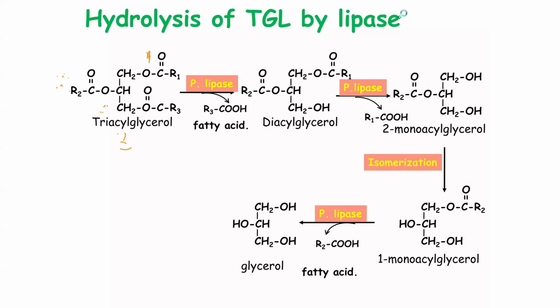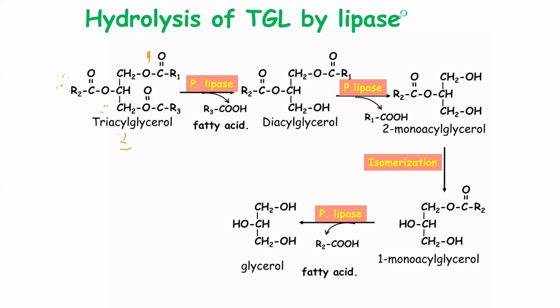That leaves diacylglycerol, and then another pancreatic lipase acts on the diacylglycerol and removes the fatty acid at carbon 1, leaving 2 monoacylglycerol. Then through isomerization, it will become 1 monoacylglycerol. So it means that the lipase cannot remove the fatty acid from carbon 2 until it isomerizes it and changes it from position 2 to position 1.